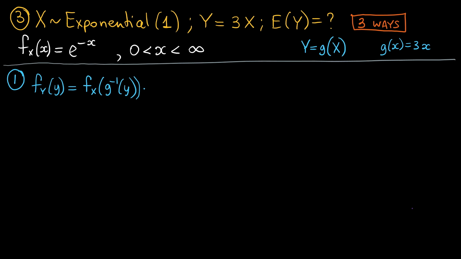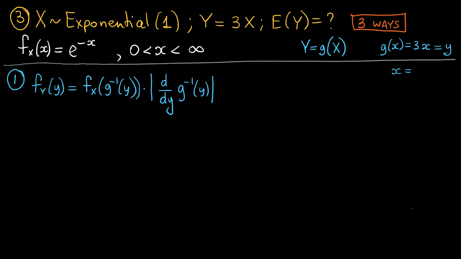Let's finish writing the formula. So it's PDF of x evaluated at g inverse of y times the absolute value of d dy, or the derivative, of g inverse of y. Okay, so we are given g of x, so this is essentially y. Y equals 3x, and now we just need to solve this for x in terms of y.